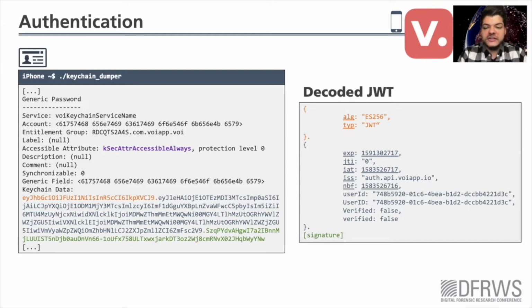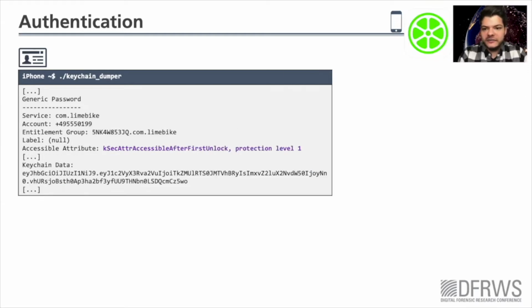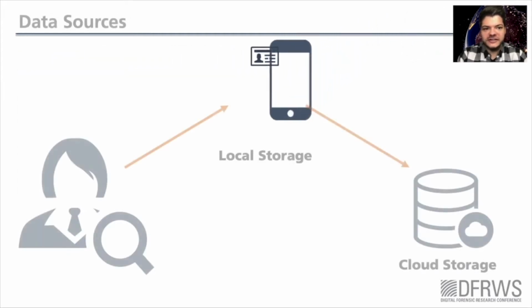So you actually just need to jailbreak the phone in that case. Lime, on the other hand, stores their information in the keychain as accessible after first unlock. This was just an interesting fact.